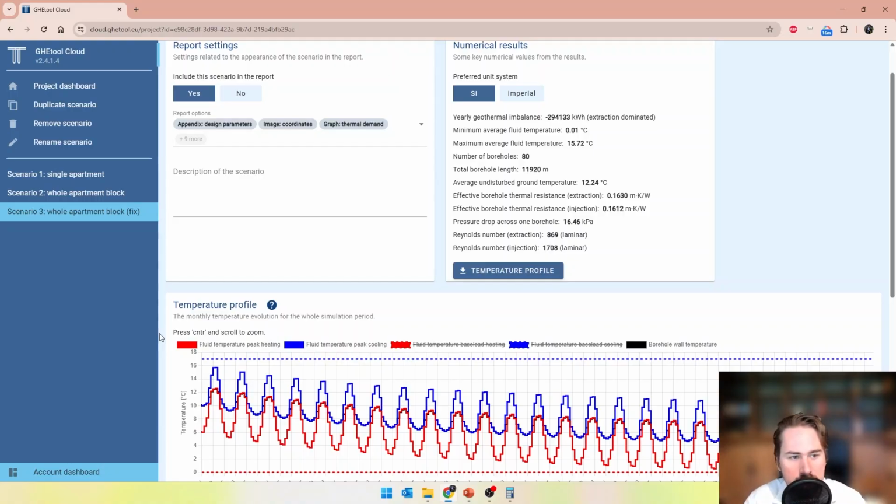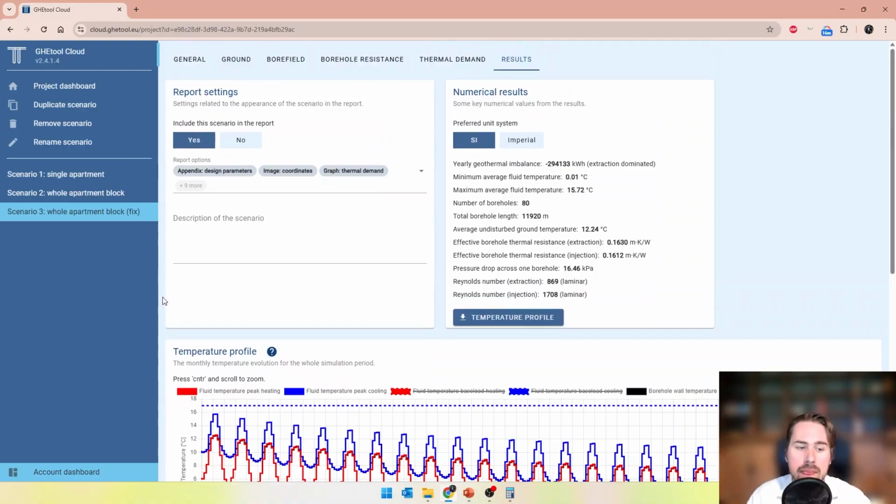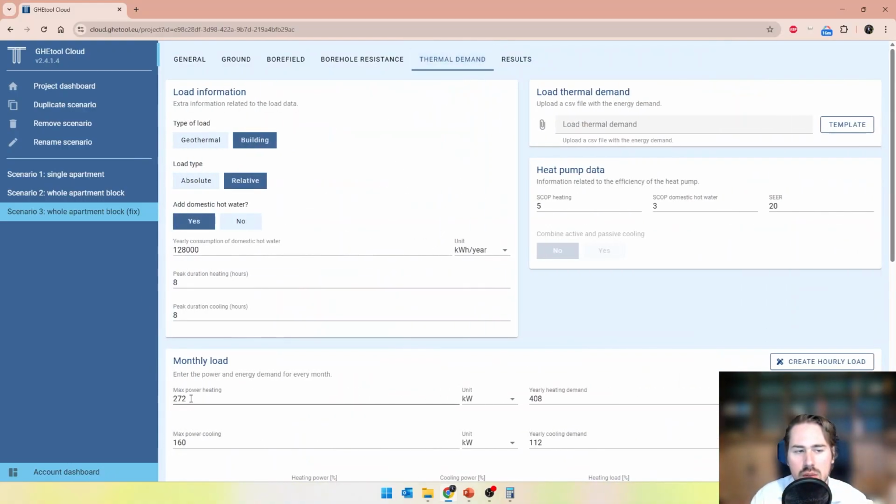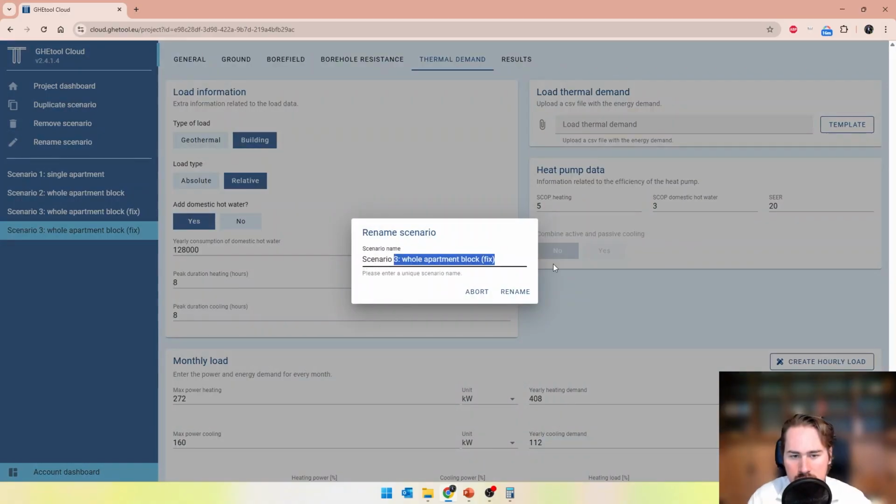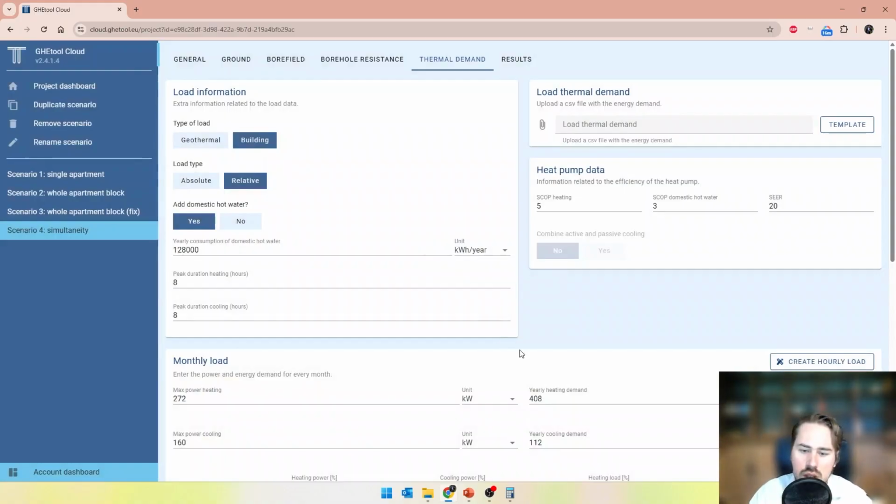Now things become interesting, because what we did is we took one apartment and multiplied it by 80. So we basically assumed 100% simultaneity, because we said the total peak demand on a borefield is exactly the same as all of our apartments working together. So let us now make a fourth scenario, and let's just call it simultaneity.